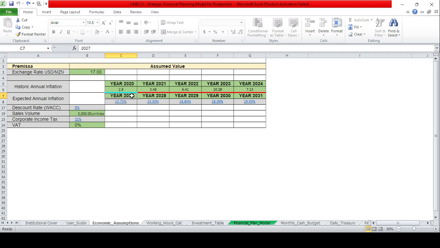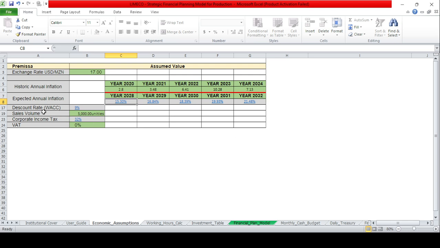If it's 2027, the inflation is 13. We can put here 2026, it's 12. If we put 2012, it's 15, and it's increasing.